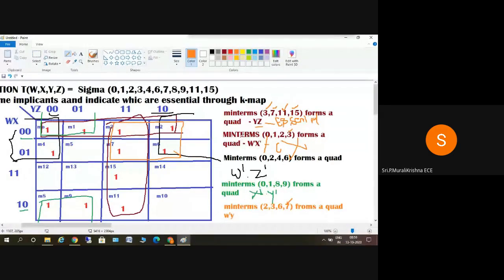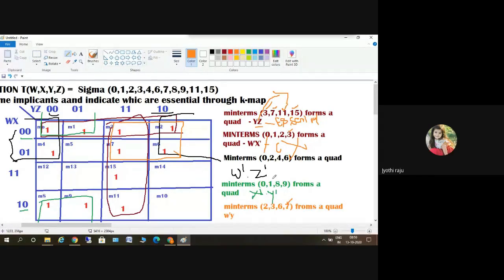Okay, so hence it is not essential, so we will not include that in the final sum. So this is included, because 0 1 2 3 are the min terms which are covered by every group here. So hence this min term is not essential. Clear?